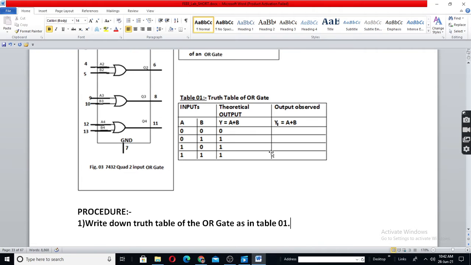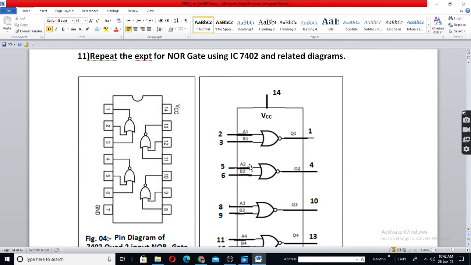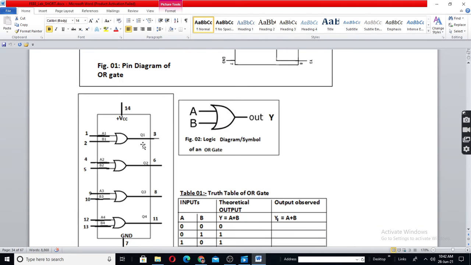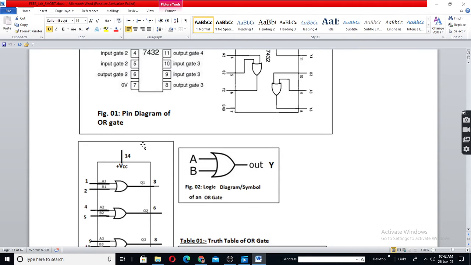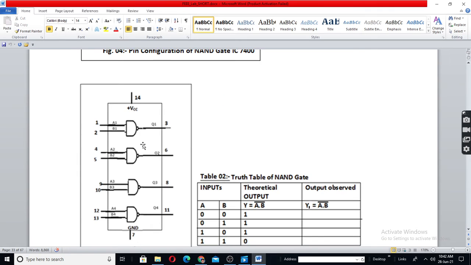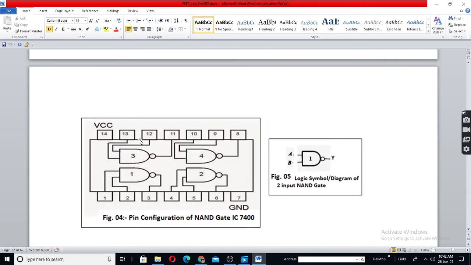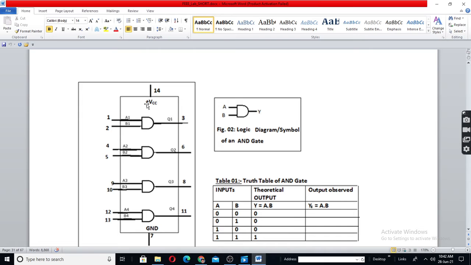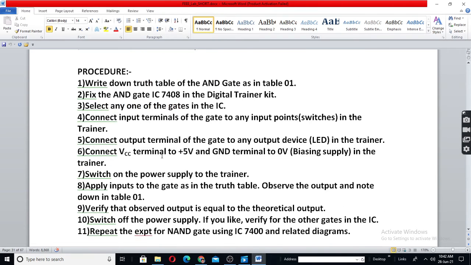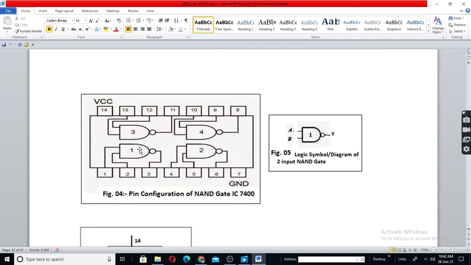So in NOR gate, you have a bubble added to the OR symbol, and the symbol is like a D. See here, D. NAND means not AND, so D and a bubble.